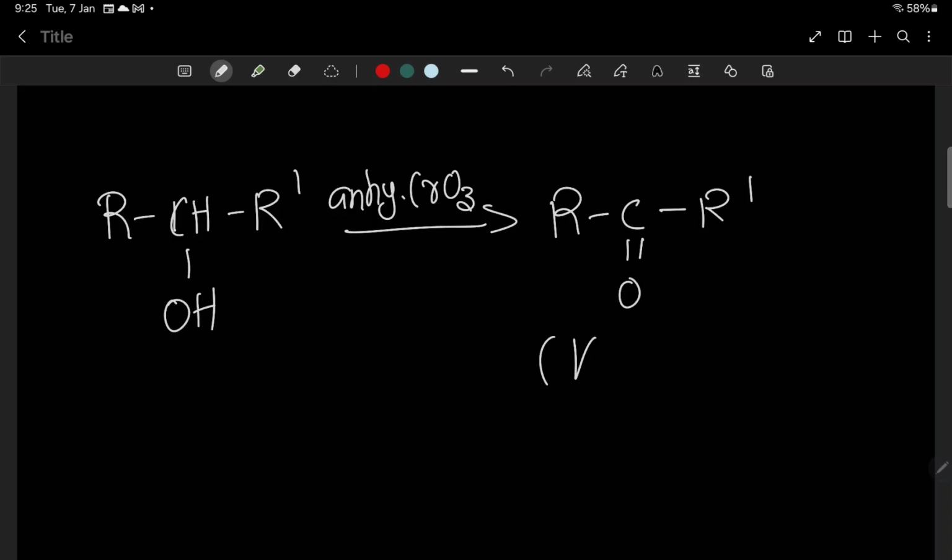Here we get a ketone, not an aldehyde. So primary alcohol gives aldehyde, secondary alcohol gives ketone, and tertiary alcohol does not undergo oxidation reaction.